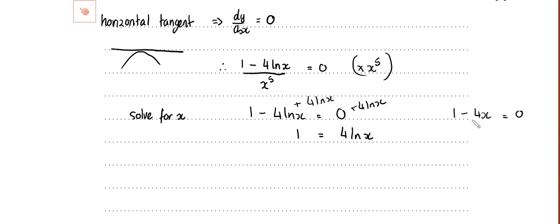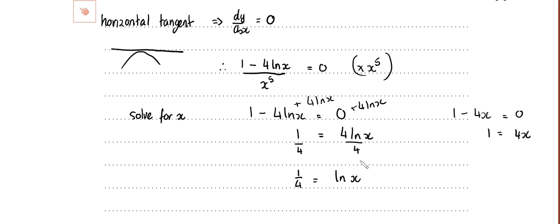So what would you do if it was 1 equals 4x? Divide by 4. So we divide both sides by 4. We get 1/4 equals the natural logarithm of x.